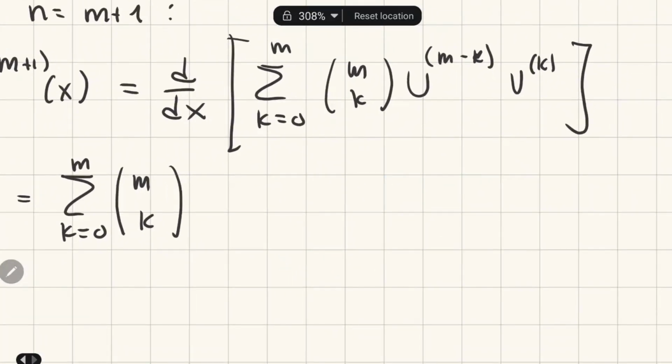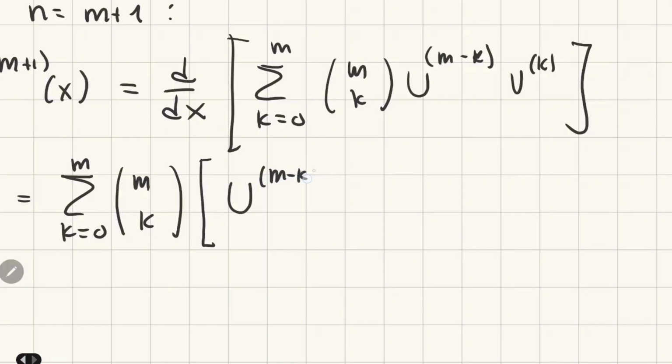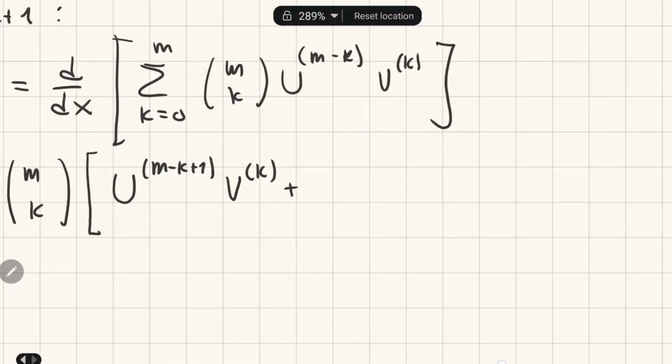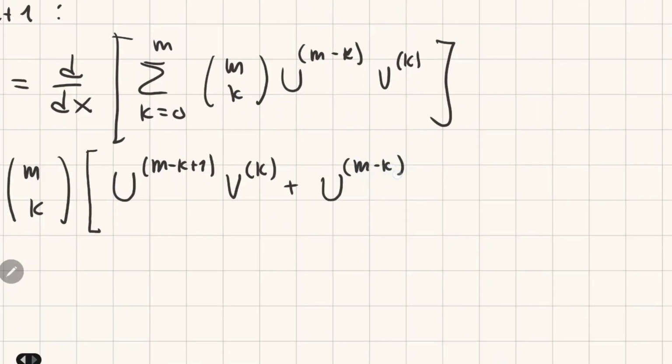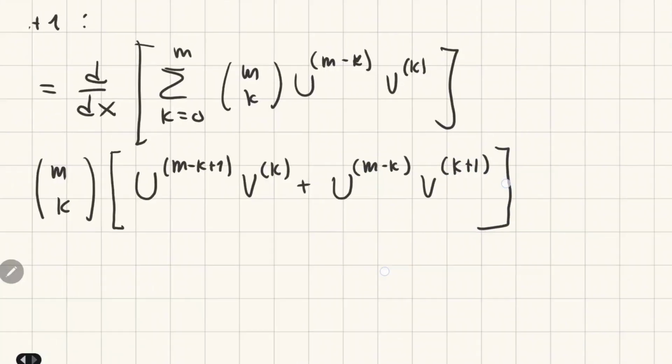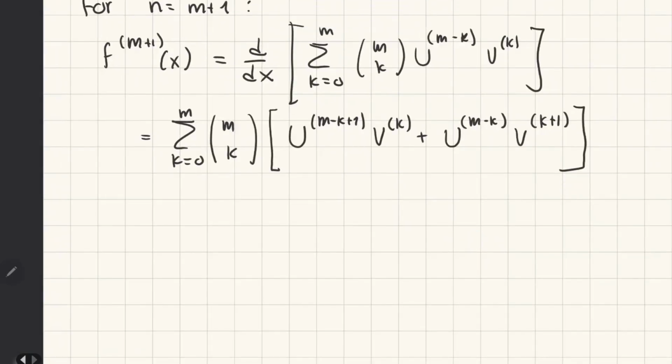So, noticing that this is a product, we will get that this is the m minus k plus 1 derivative of u times v to the k, plus u to the m minus k, v to the k plus 1. Okay, perfect.